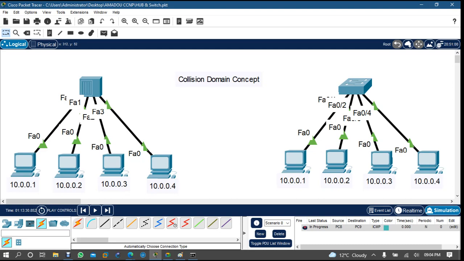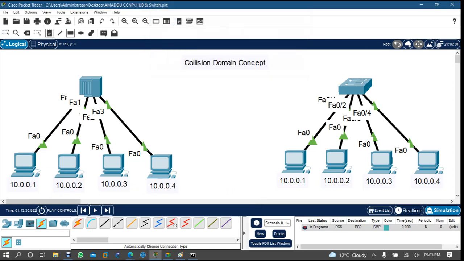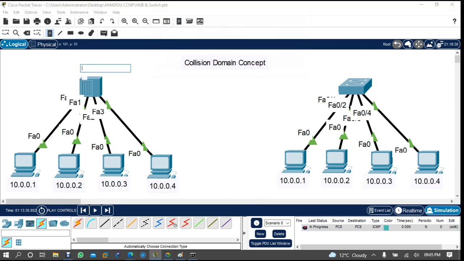Okay, so let's see how we are going to learn about the collision domain. Suppose this is my computer A, and these computers are connected with the help of a hub here. This is our hub, and this is our switch.